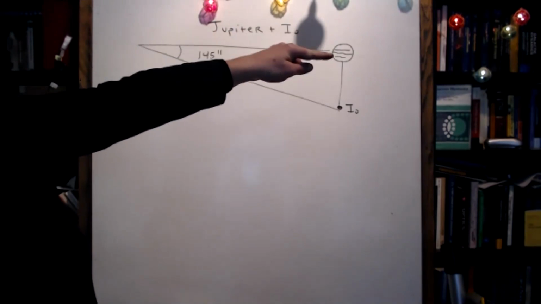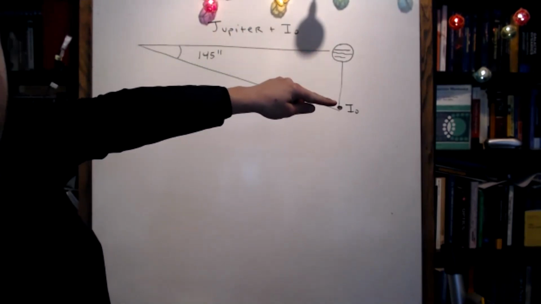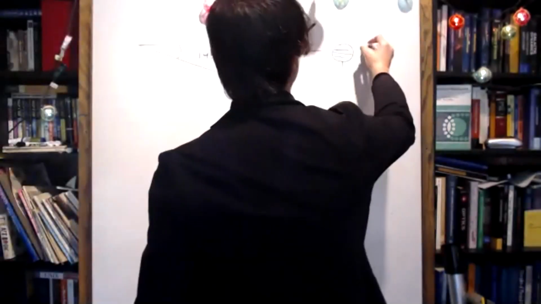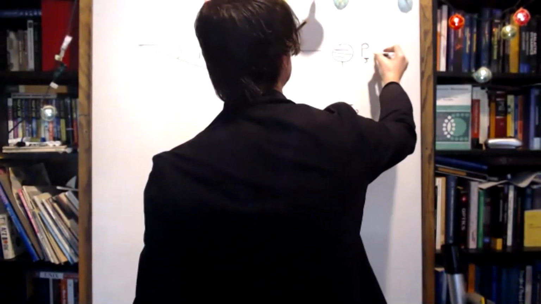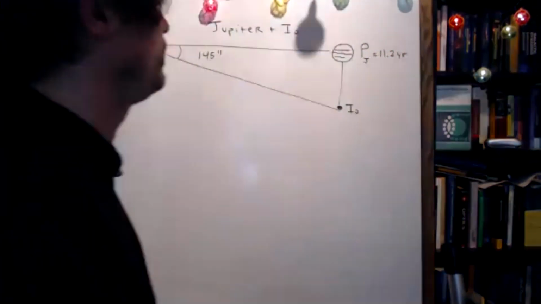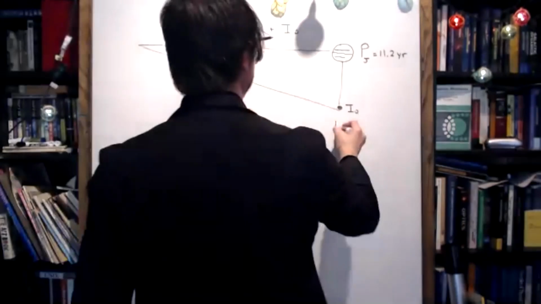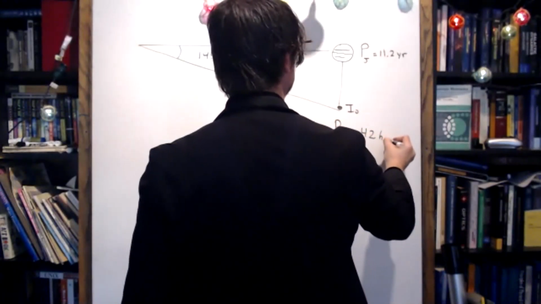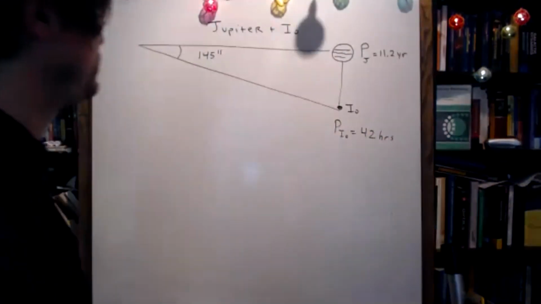I'm going to give you the period of Jupiter around the sun, and the period of Io around Jupiter. The period of Jupiter around the sun is 11.2 years. The period of Io around Jupiter is 42 hours.